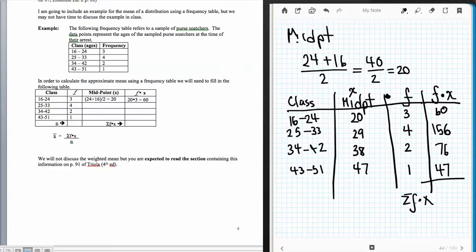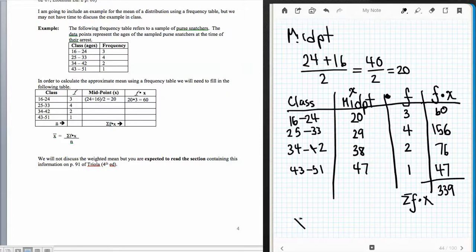And the sum of the f times x's is what we're going to use to find our mean. So we're going to have 60, and I'm just going to do this on the calculator, plus 156 plus 76 plus 47, and that's going to give us 339. And that is going to be our sum of the f times x's.